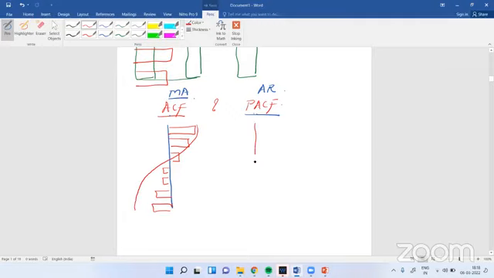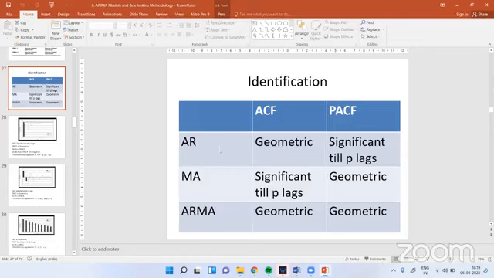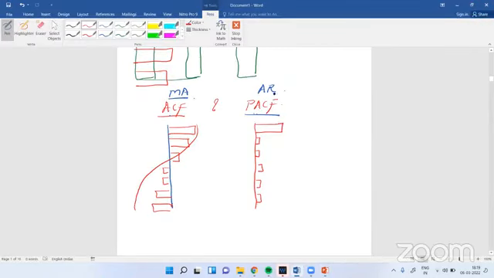And PACF is significant on one lag. After that, it phases out. This means that it is an AR process. This is an AR process, right? Because this is significant.